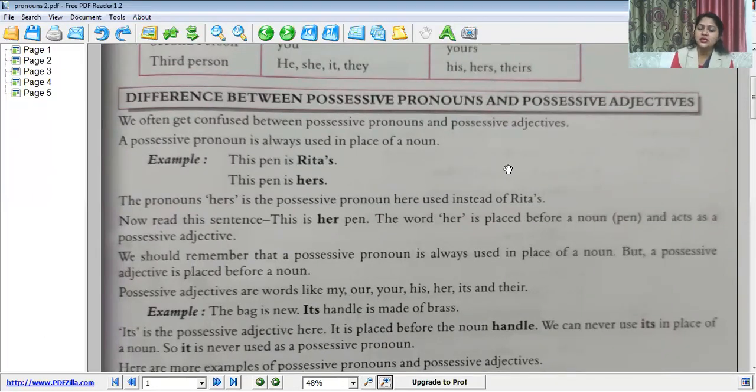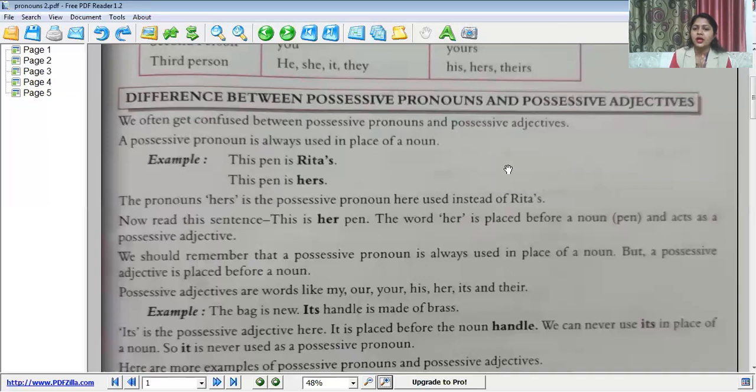But see this, so that when you're doing adjectives, you know you have finished children with nouns and sentences, and this is the third topic for you, that is pronouns. So when we do adjectives with you, that time keep in mind that we have possessive pronouns also and possessive adjectives also, and how will you distinguish both of them from each other.